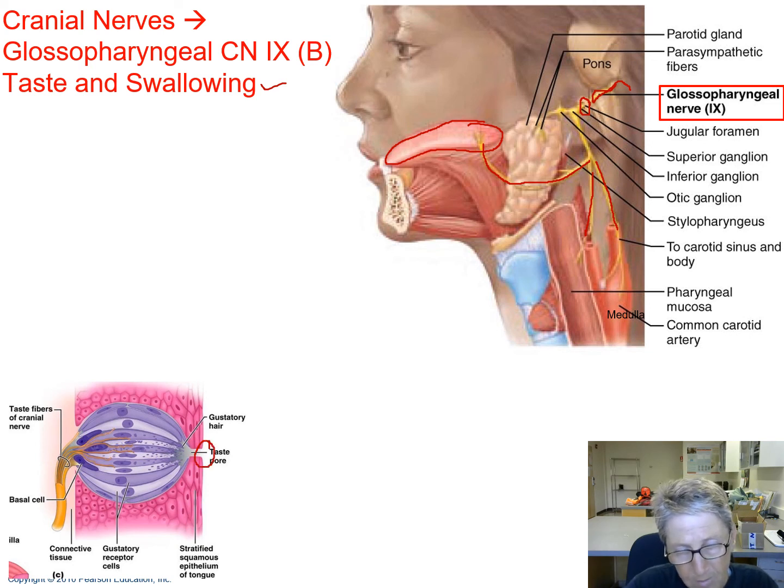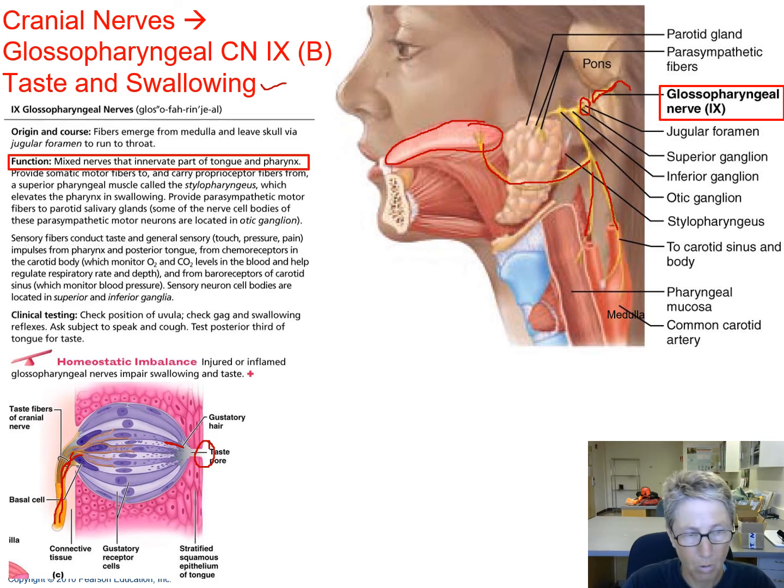And so the tastant molecules would go into the taste pore, and then these gustatory hair cells would bind those tastant molecules, and then they'd send a signal to this sensory afferent, the dendrites, and then the axons would travel in cranial nerve 9, and then the information would eventually get back to the gustatory cortex, and you would taste something.